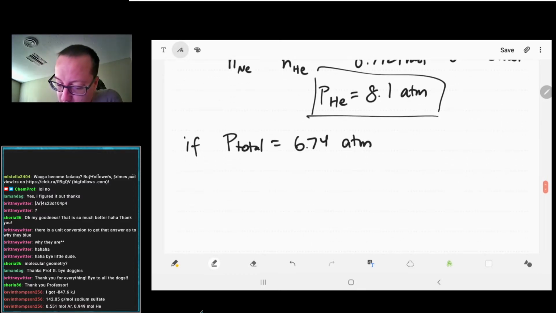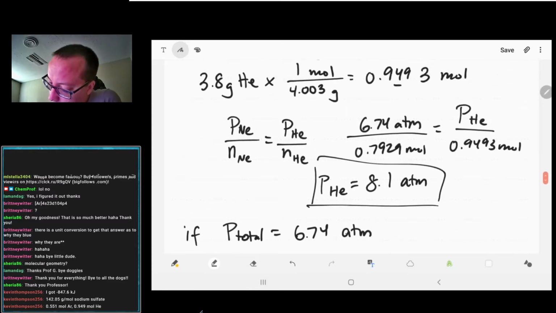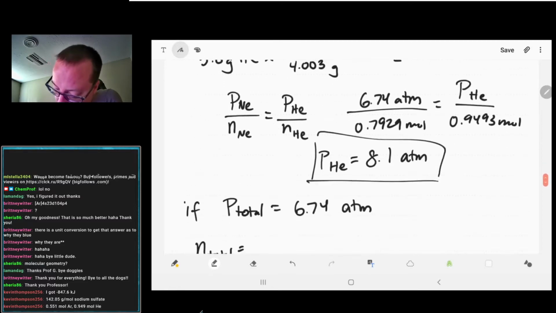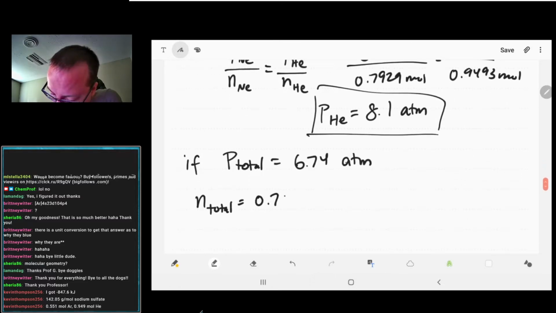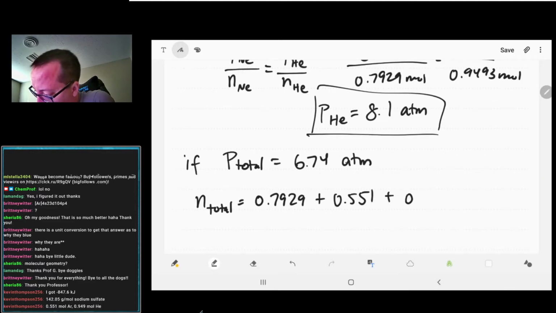So we know that the N total would be 0.7929, and Kevin has done argon for us, 0.551, and 0.9493. Let's calculate this: 0.7929 plus 0.551 plus 0.9493.